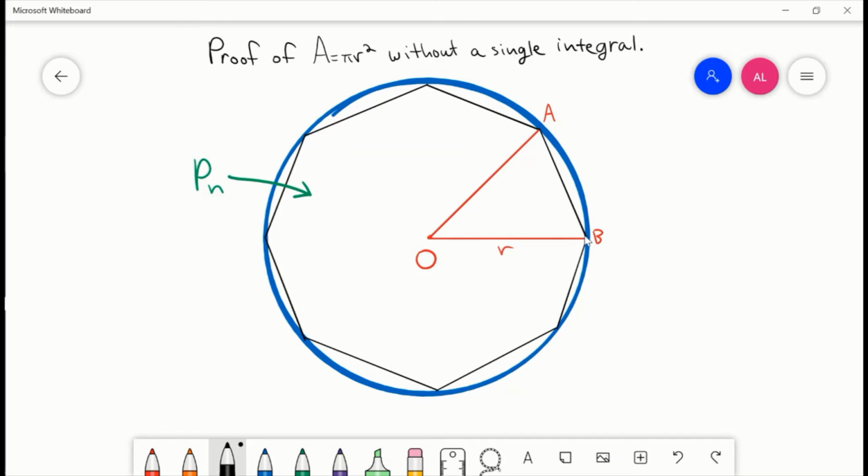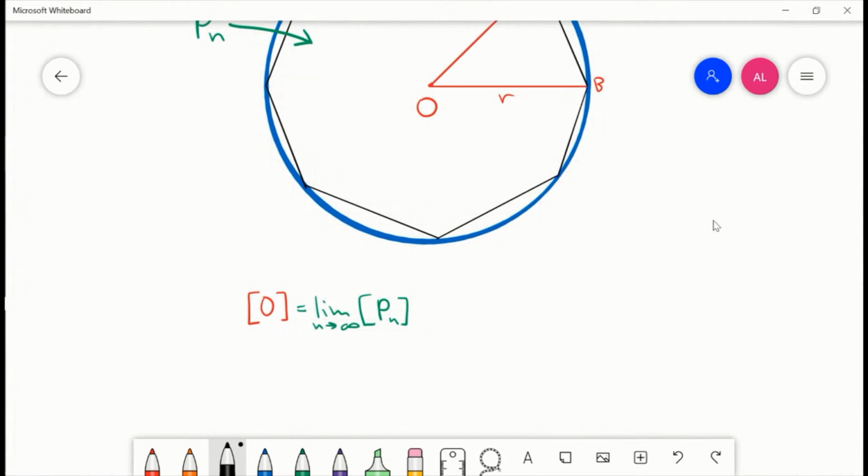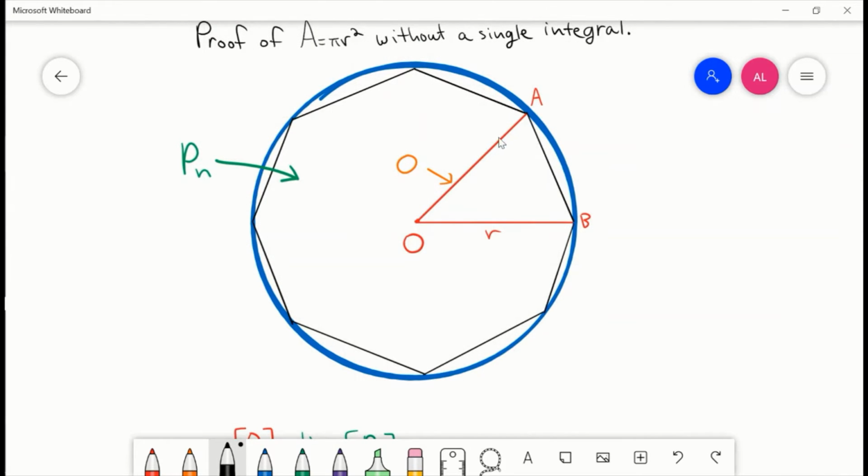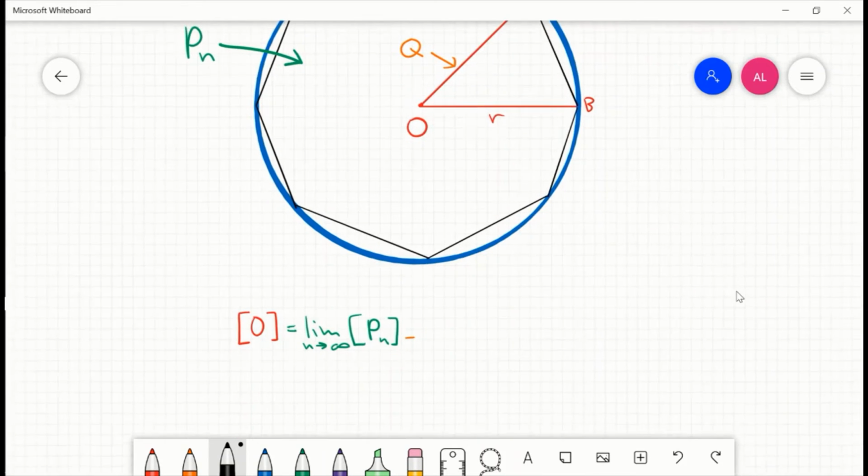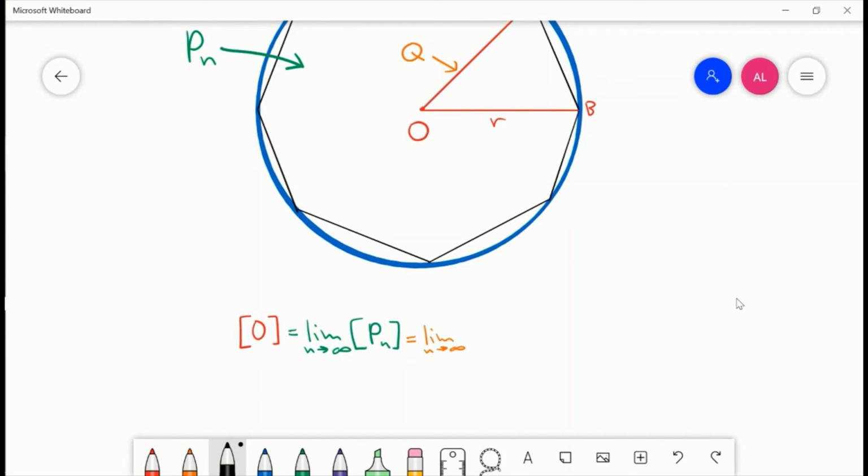So this would be A, this would be B, and basically note that this right here, let's call this triangle Q, is exactly 1/n of the total area of P, because there are exactly n of these triangles, so n times the area of one of these triangles makes up P of n. So we can say that the area of P of n is n times the area of Q.